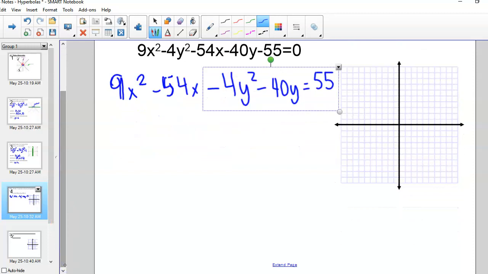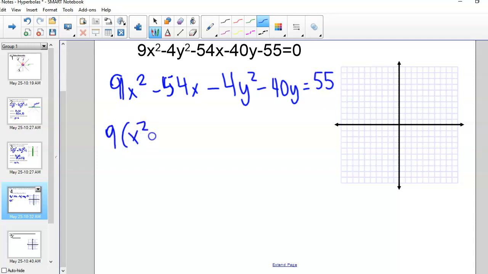Now, just like with the ellipse, I'm going to factor out whatever coefficient I have in front of my x squared or my y squared. So here I'm going to have 9, and I'm going to have x squared minus 54 divided by 9 is going to give me 6x, and I'm going to put plus blank. Okay, here's where we're going to find the slight difference between an ellipse and a hyperbola.